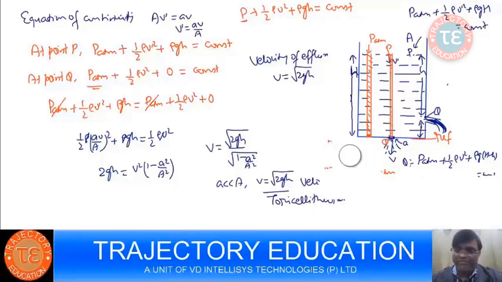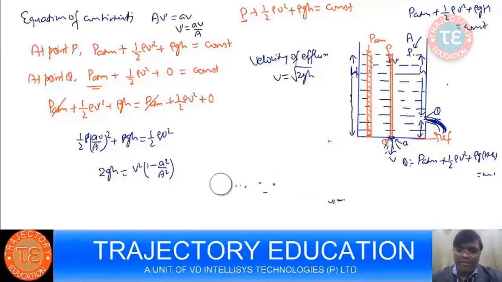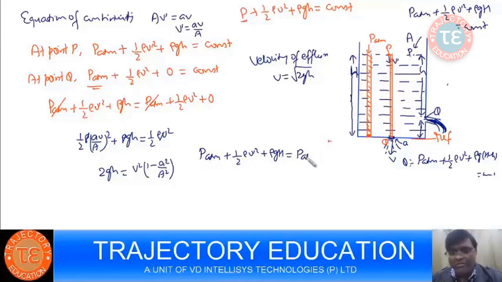So if I apply Bernoulli equation over here, I'll get P atm and rho g capital H, right?